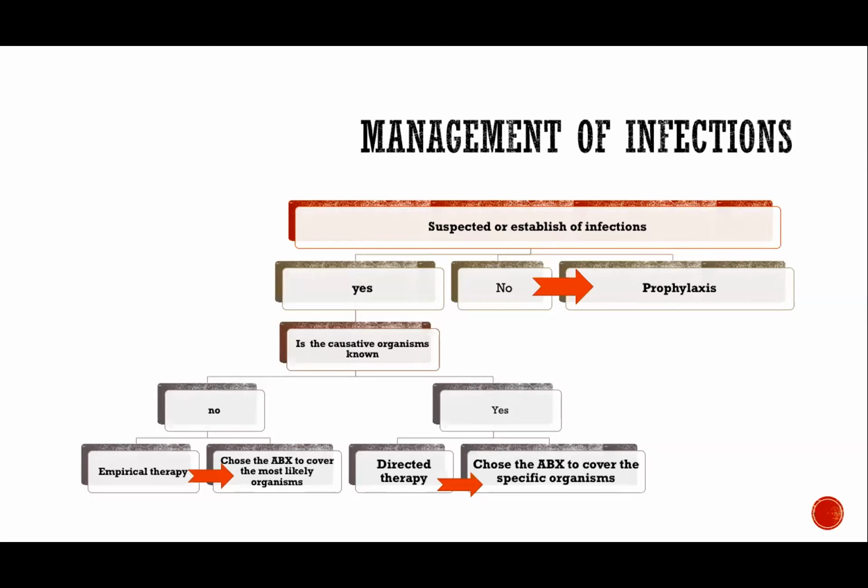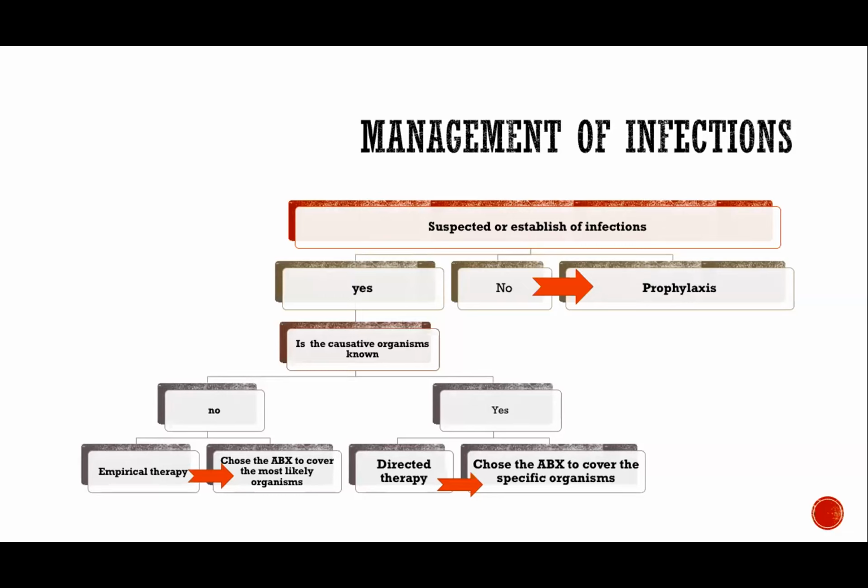So we usually go to the broad spectrum, and that can build resistance and cause side effects of the broader spectrum, like disturbing the natural flora. So empirical therapy does not necessarily mean very broad. We're just trying to cover the most likely organism.